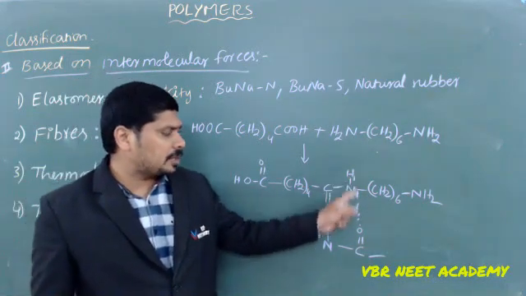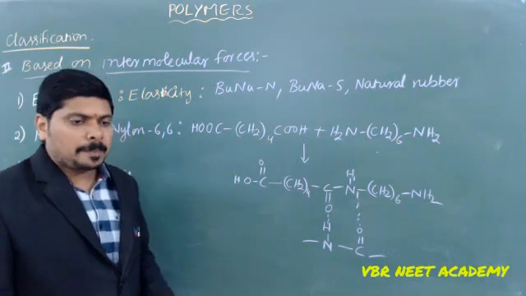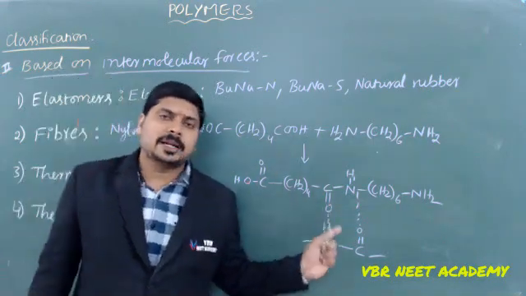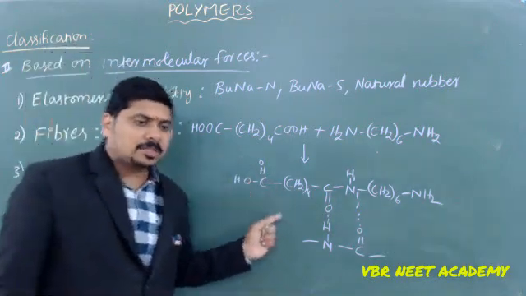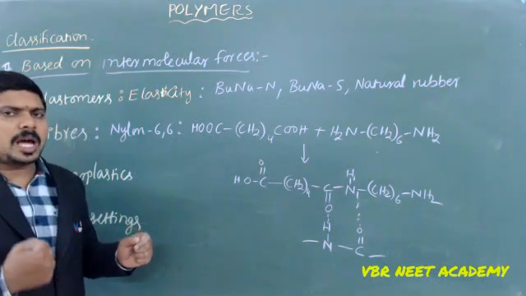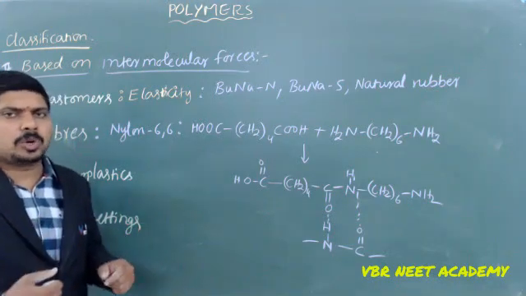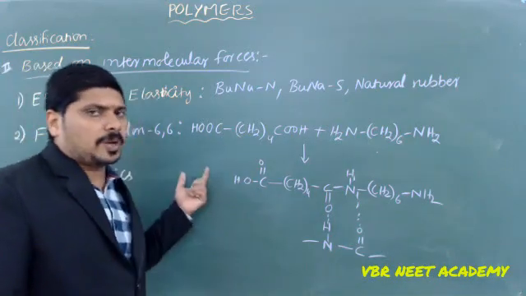Here also, hydrogen of this one to CO of this one. So there is a chance of intermolecular hydrogen bonding in the case of the fiber nylon 66. That's why they get high tensile strength. Hydrogen bond is always going to have about 10 kilojoules per mole of energy. So that much tensile strength can be developed by these fibers.